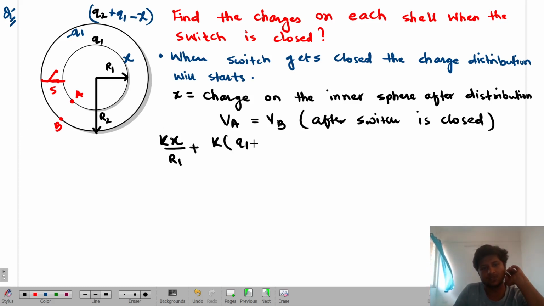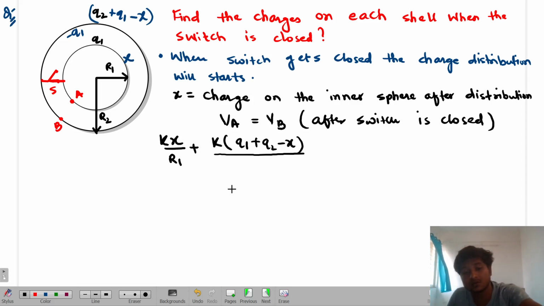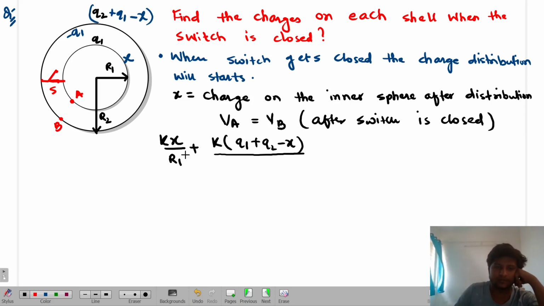K (Q1 plus Q2 minus x) divided by, should I write R1 or R2? It should be R2. Yes, on the inner one, due to the outer surface charge, the electric field is zero, so it should be R2.